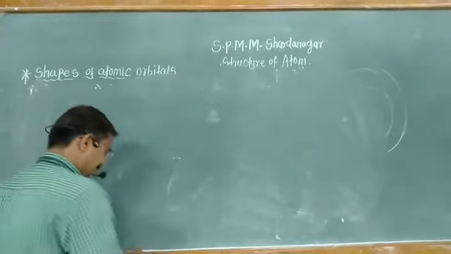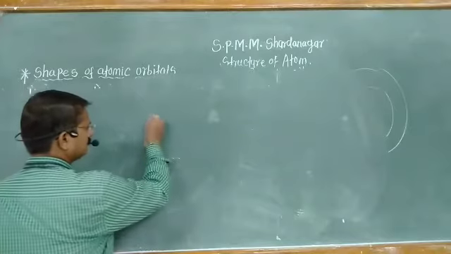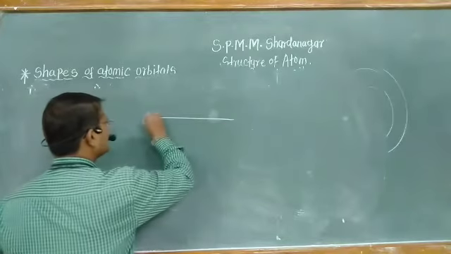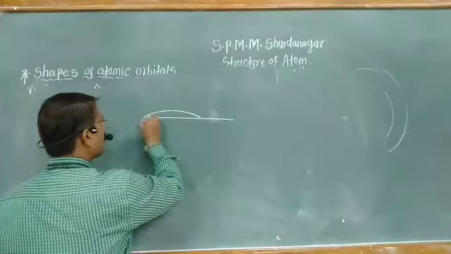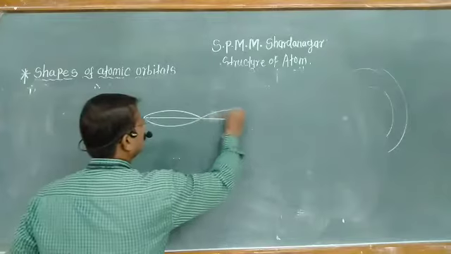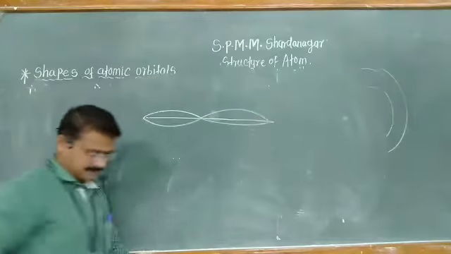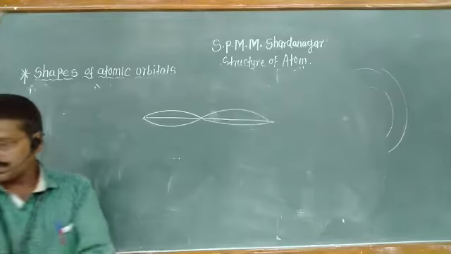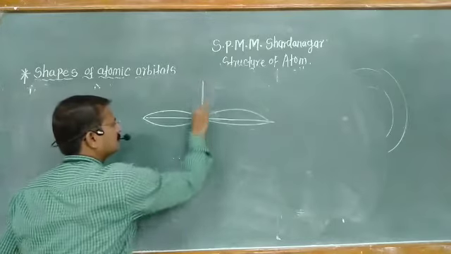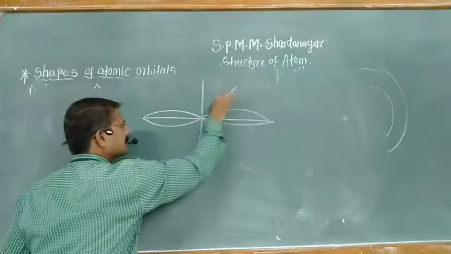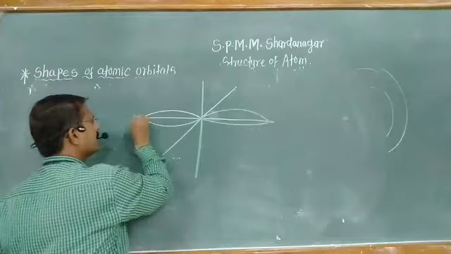We are discussing the first one, that is the p orbital along the x-axis. In this figure, these are the 3 axes.